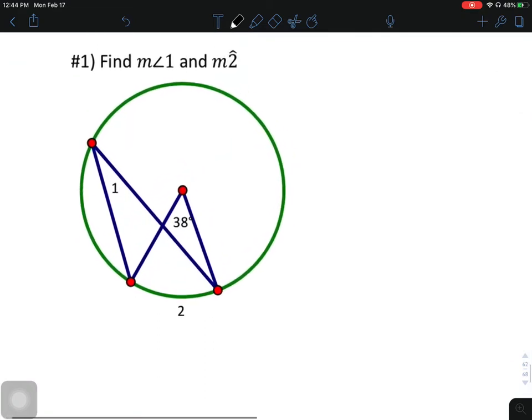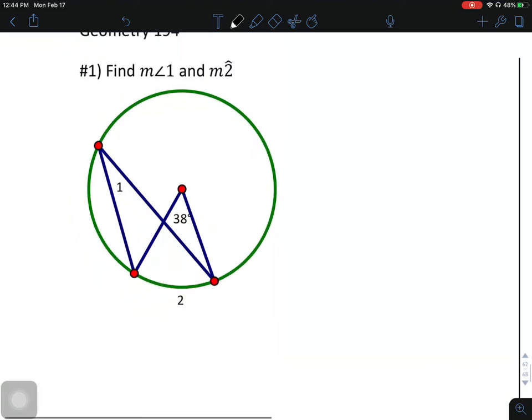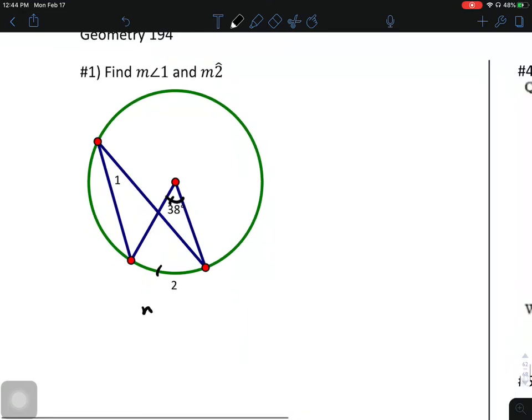Let's check out some examples. Find the measure of angle 1 and the measure of arc 2. This 38 degrees is a central angle. A central angle is the same as the intercepted arc. So that means the measure of arc 2 has to also be 38 degrees.